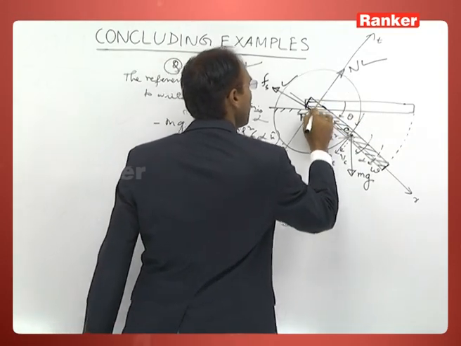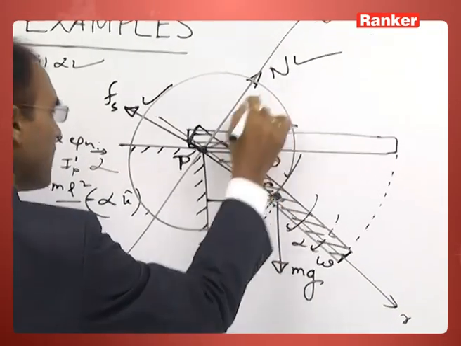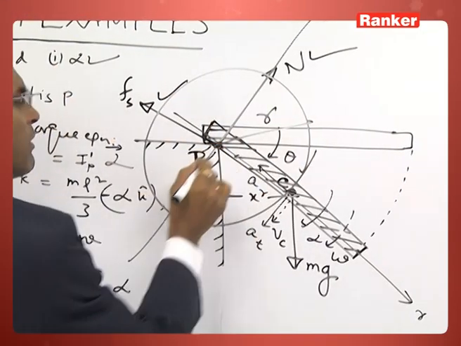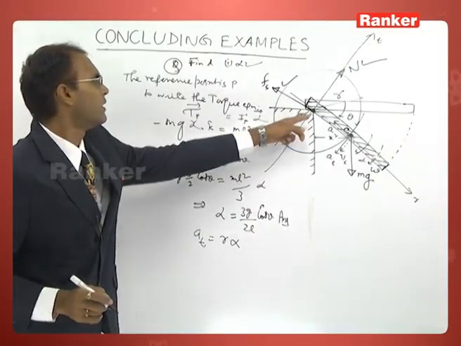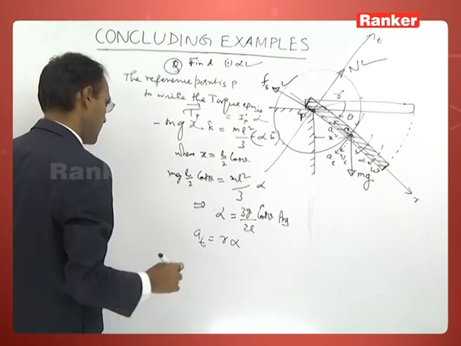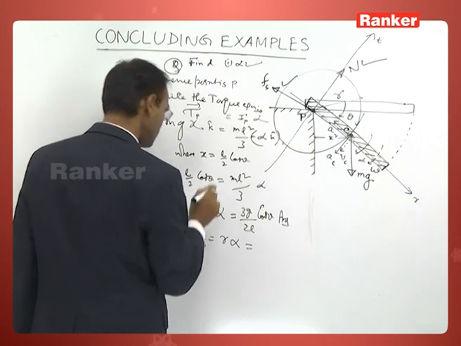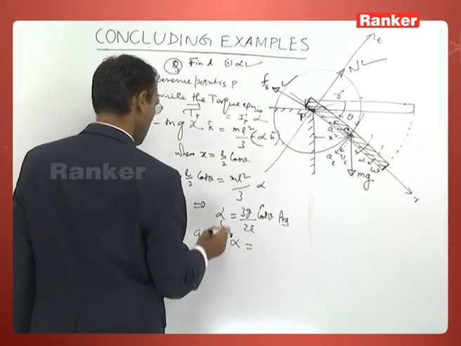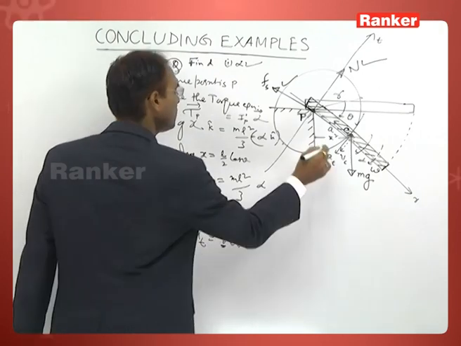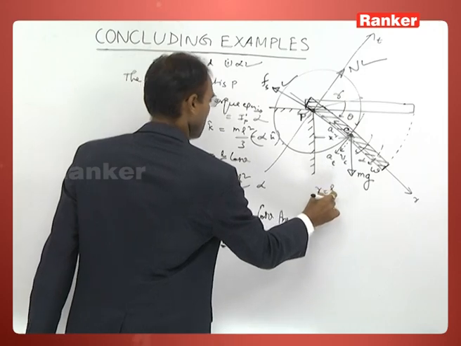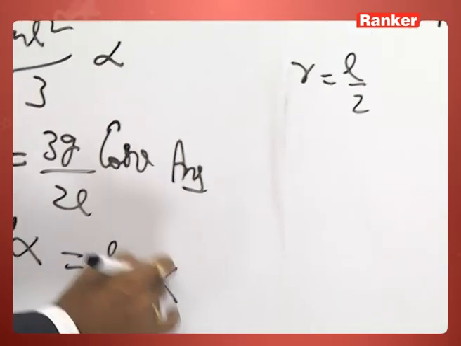R is the radius of the circular path, because the center of mass is moving in a circular path about this point till the rod doesn't slide. We can put r is equal to L by 2. So that's L by 2 into alpha.